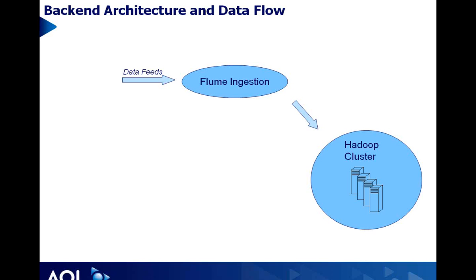We grew Hadoop cluster initially from 2 to 4 nodes with a heavily sampled data set, 1 in 10,000, to more than 600 instances today with aggregate storage of 2.5 petabytes and full data sets.